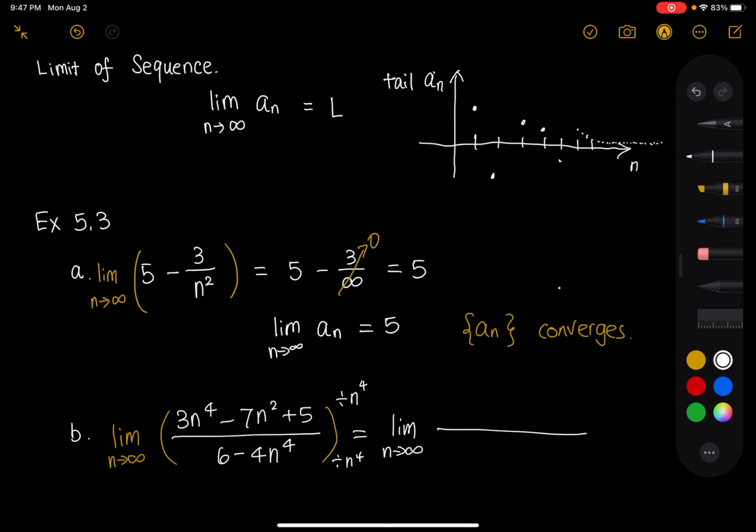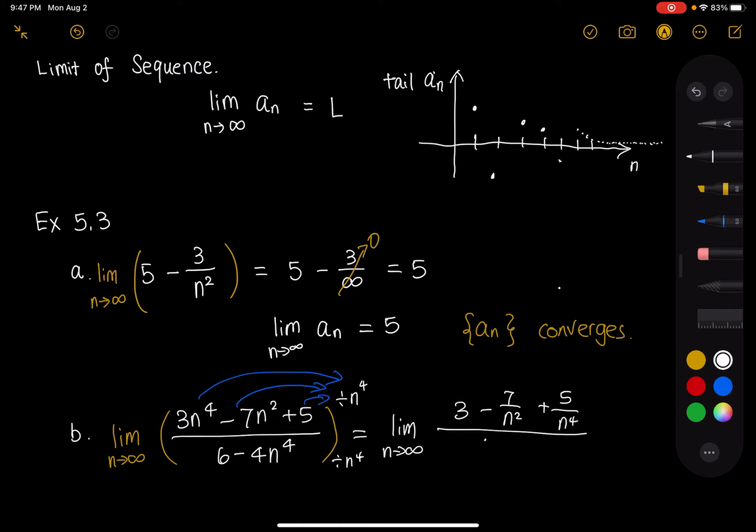each term divided by n to the 4th power. So the first term divided by n to the 4th power, you get 3. The second term divided by n to the 4th power, you get negative 7 over n squared plus 5 over n to the 4th power. You divide term by term.